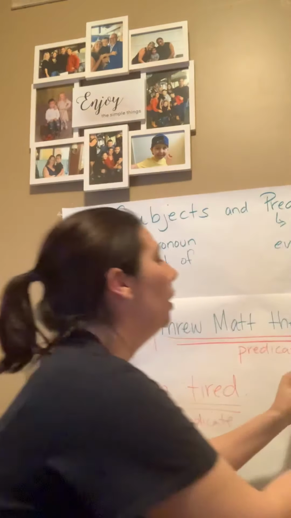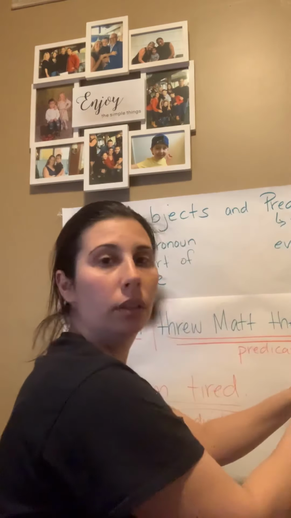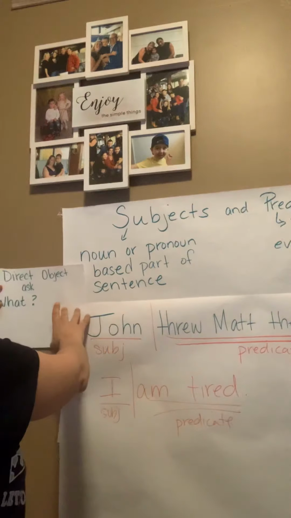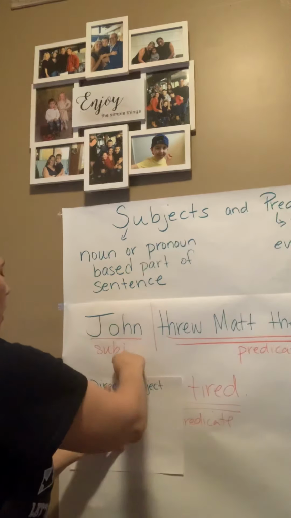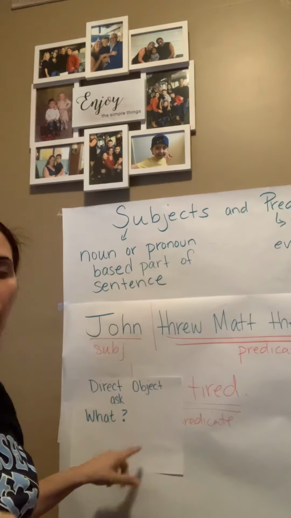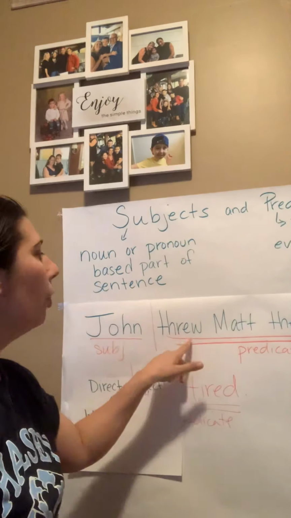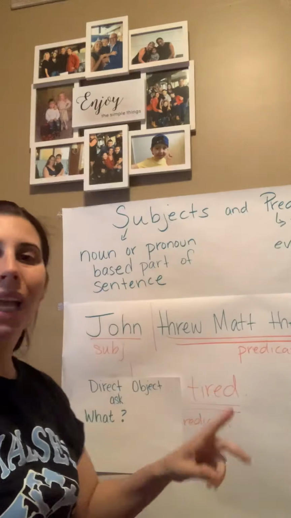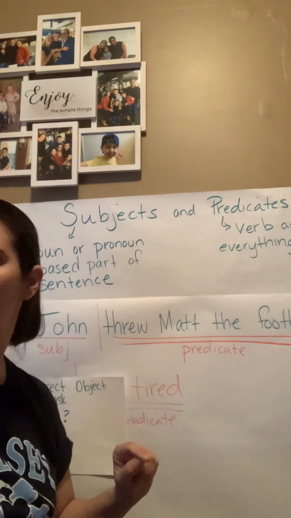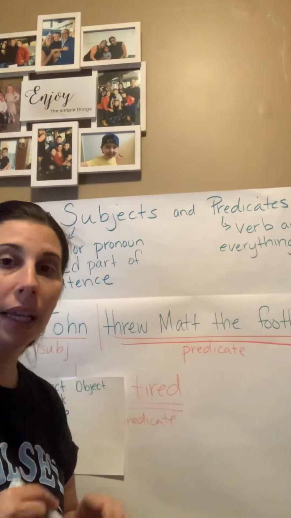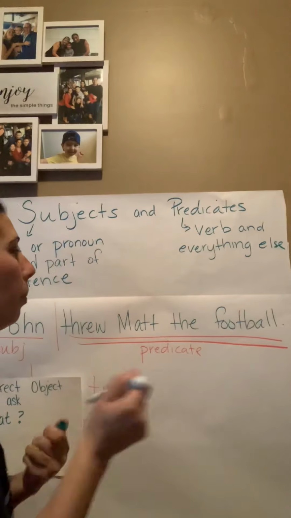Where can I put this? Here, I guess I'll put it. Can you see that? Put it here. All right. So for a direct object, we ask what? John threw Matt the football. What did John throw? Yes, you're right. He threw the football.